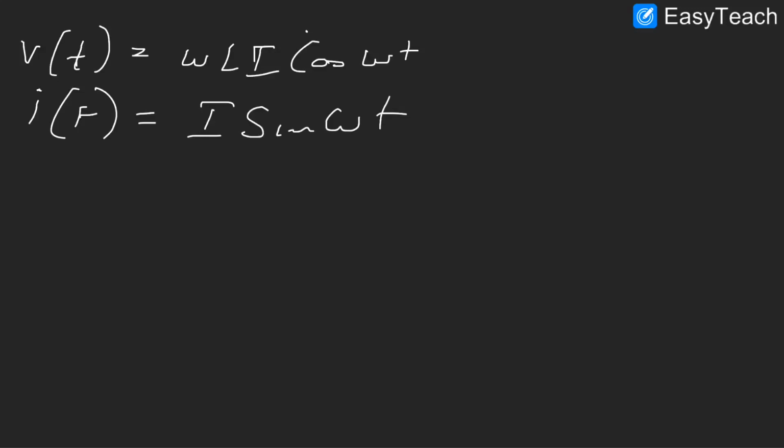Now if I'm taking the time dimension out, and I just want to find the opposition, it's going to be Ohm's law. The opposition is known as reactance.